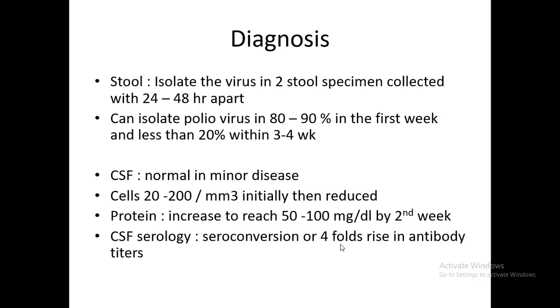The CSF is normal in most of the cases, but initially there might be high cells and then reduced. The protein is low and increases up to 50 to 100 milligram per deciliter in the second week.